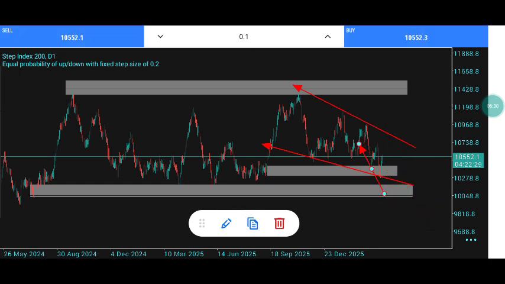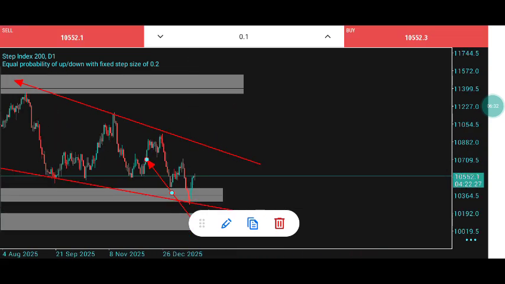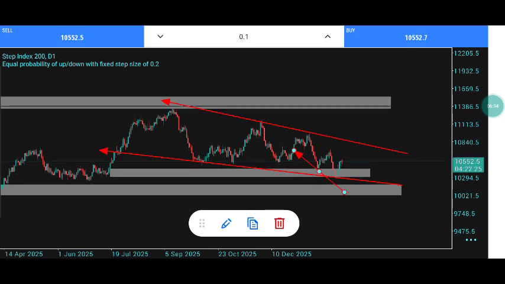Or what it can do, you see here, it made a left shoulder, or whatever we call a Quasimodo. This here is a left shoulder with the head at the bottom.